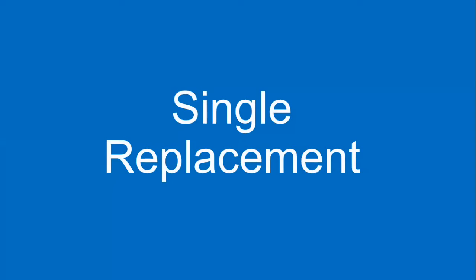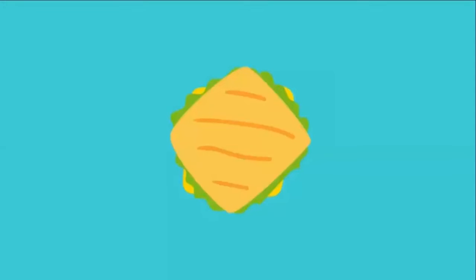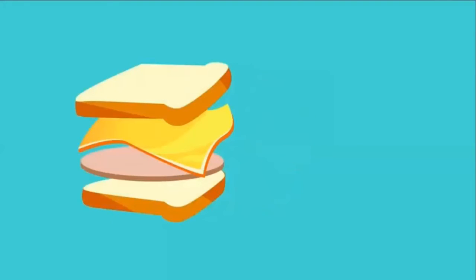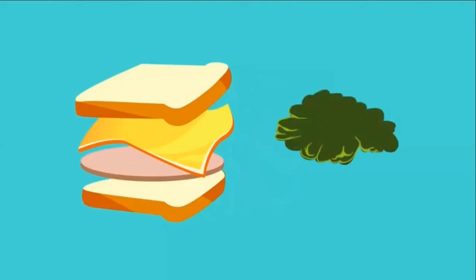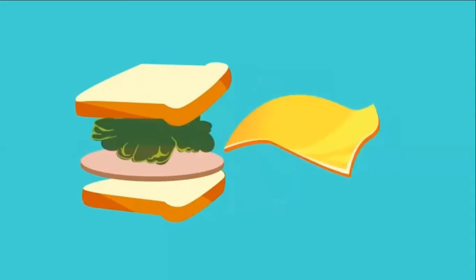The second to last reaction is known as single replacement. And for this one, we are back to the sandwiches. Let's say you have a sandwich with some turkey and cheese in it, but then you saw lettuce, and you like lettuce better, and you're also a little bit ungrateful, so you decided to switch up your cheese with your lettuce.